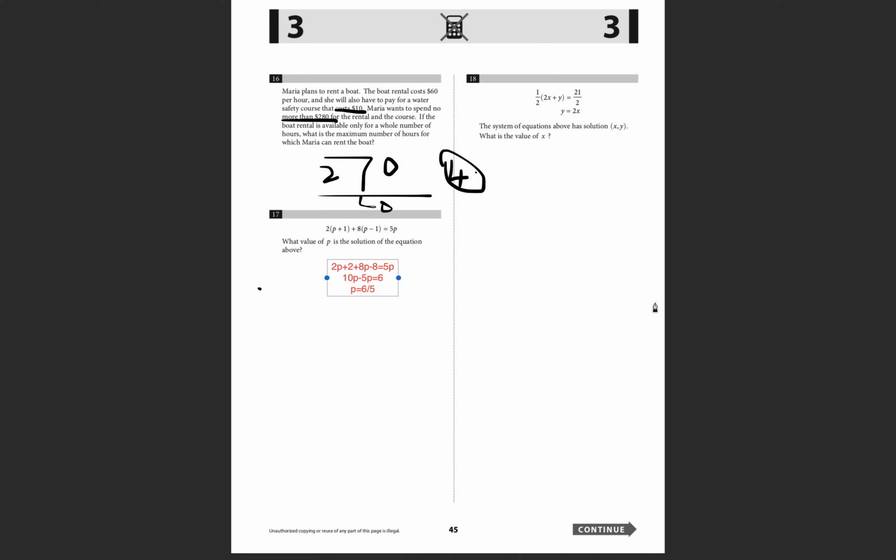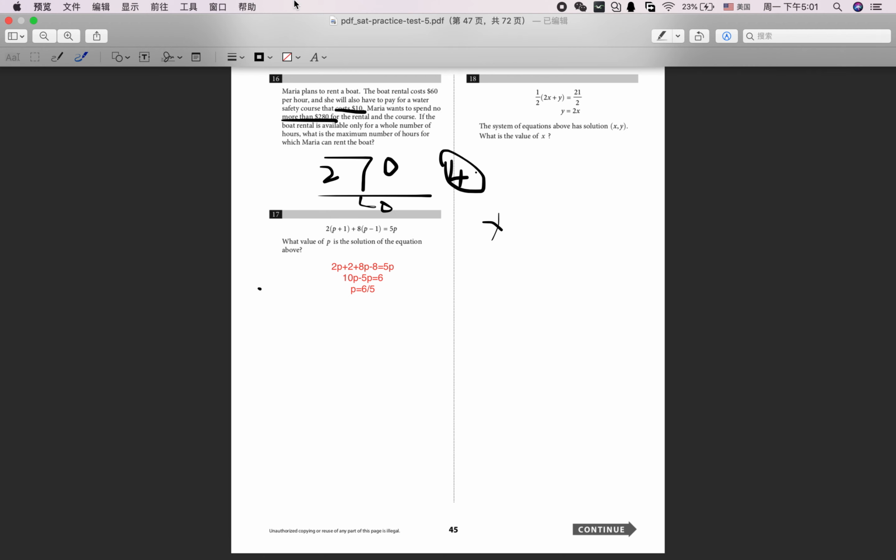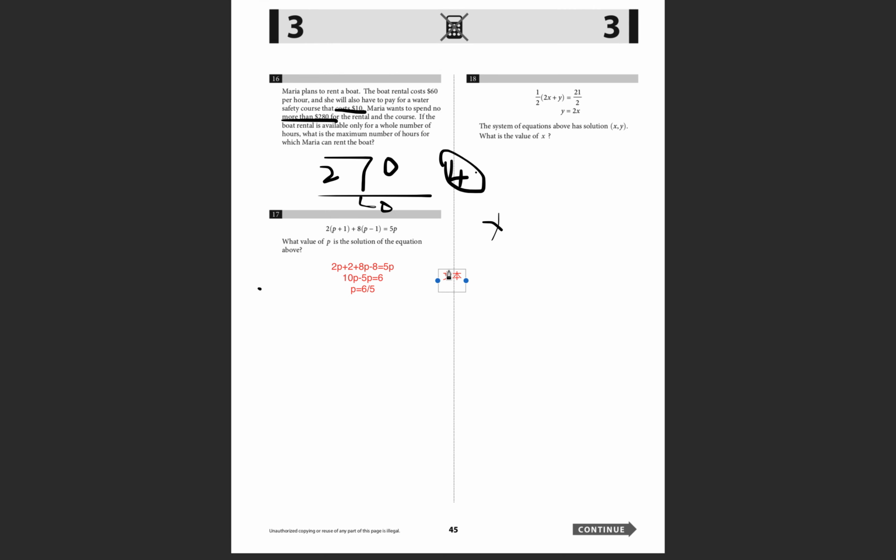And number 18. So we get x, it also just needs simplification.